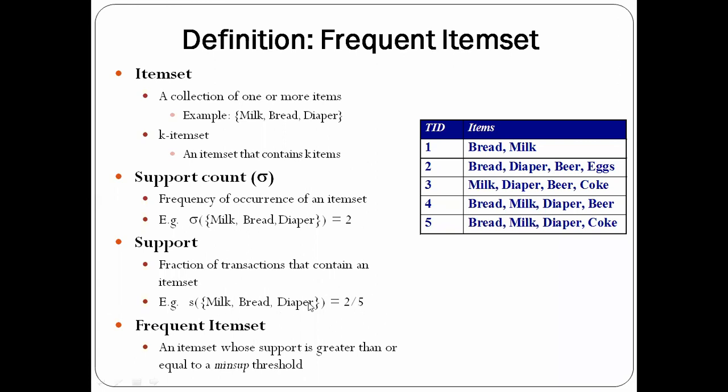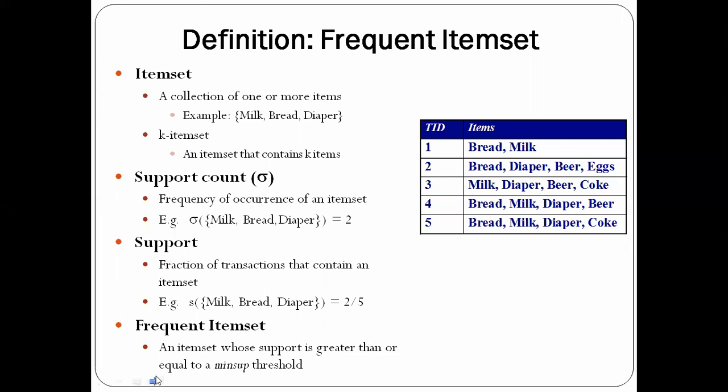Since the support which you have calculated is less than the minimum support, it will not be considered frequent. An item set becomes frequent if it satisfies the minimum support threshold. If it is greater than or equal to the minimum support threshold, then only we consider it a frequent item set.